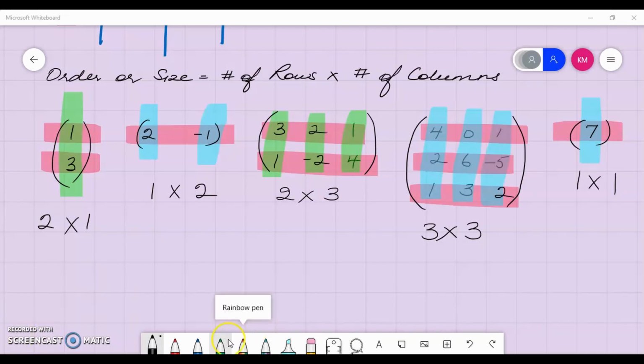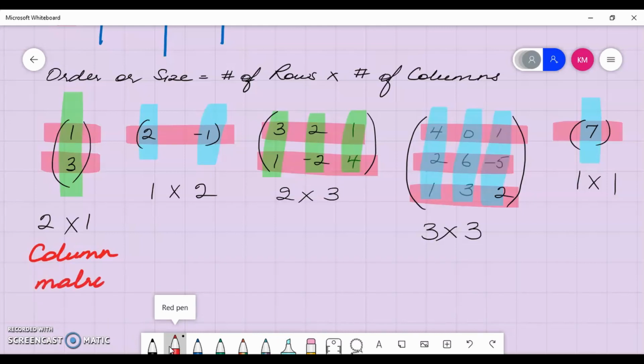Now, any matrix that has only 1 column is called a column matrix. And we can see that our first matrix here is a column matrix because there's only 1 column. Any matrix that has 1 row is called a row matrix.